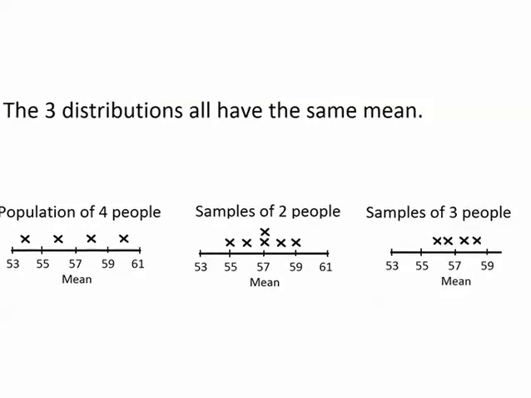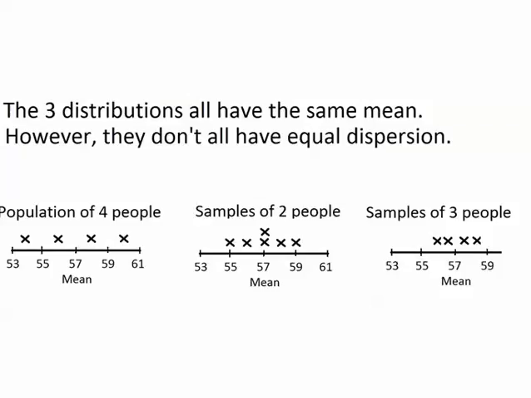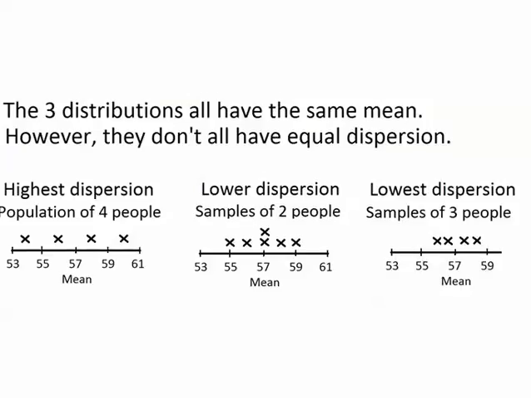So all 3 of these distributions have the same mean. They all have a mean of 57, which we can see here. We can see that all three of these are pretty much centered at 57, but they don't all have the same dispersion. Like I said, the left one has the most dispersion, the middle one has less, and the right one has the least.